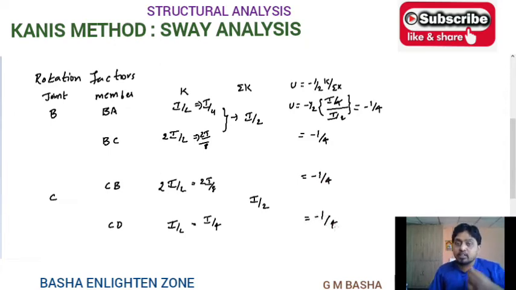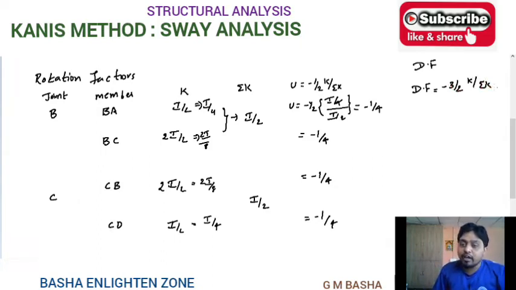After obtaining these rotation factors, then find the distribution factors here itself. Distribution factors, which is denoted with the DF, and the formula for the distribution factor will be equal to minus 3 by 2 k by sigma k. And the distribution factors we are finding only for the vertical members, that is only for AB and CD.